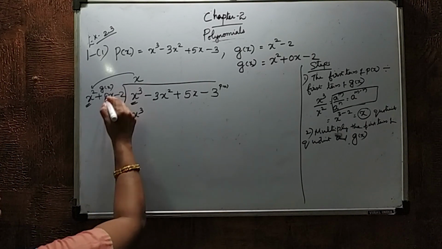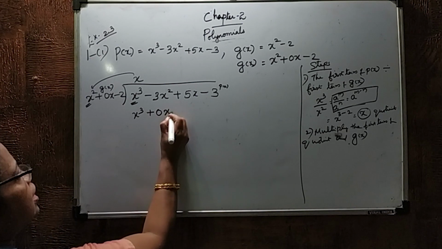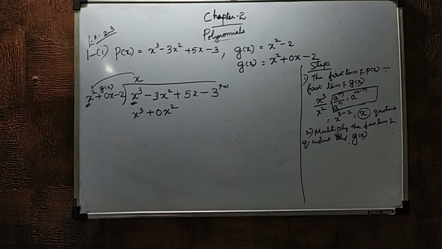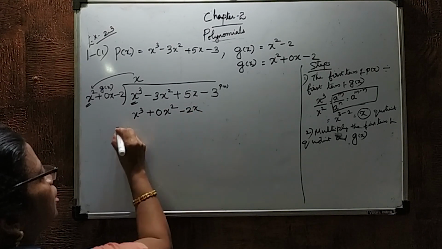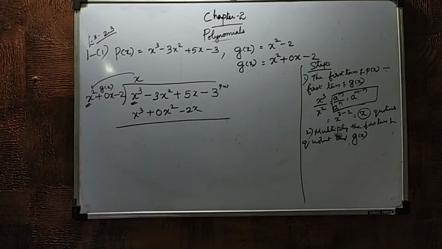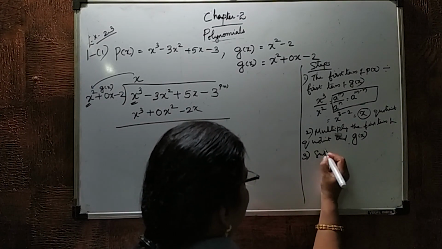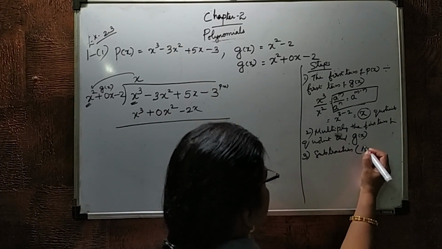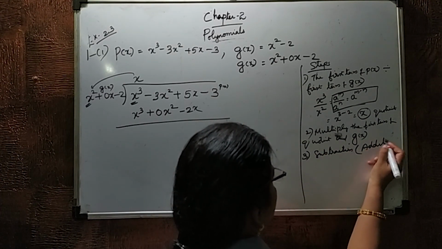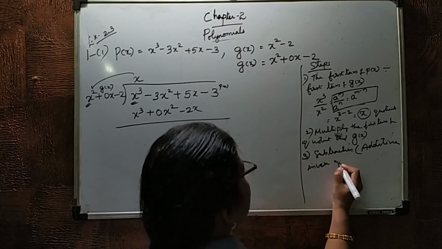Then x into 0x, anything into 0 gives 0 itself, so 0 x square. Then x into minus 2 is minus 2x. Now what is the next thing? The third step is subtraction. Subtraction means take the additive inverse and add.